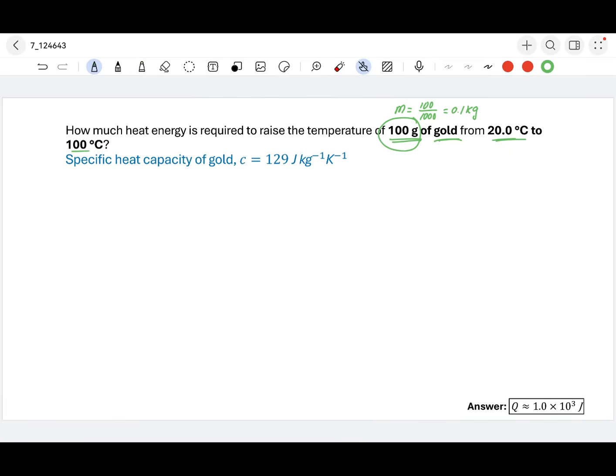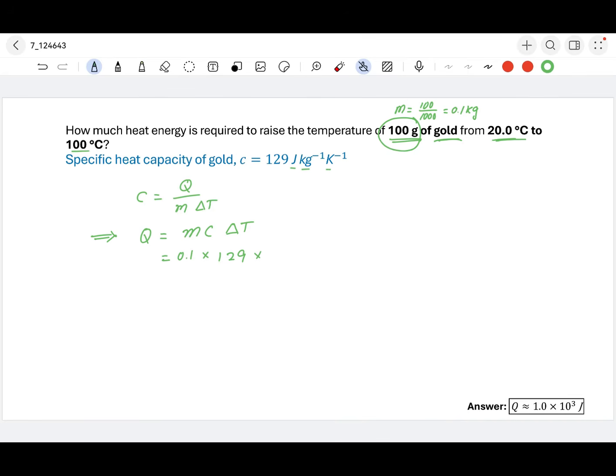So how much heat energy is required? We know the formula, C equal to Q over m delta T. From this formula, the heat energy Q equal to m c delta T. m is the mass in kilogram, that is 0.1. c is the specific heat of gold, given as 129 joule per kg Kelvin.